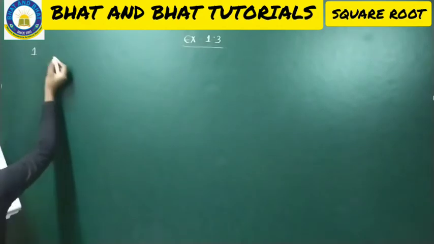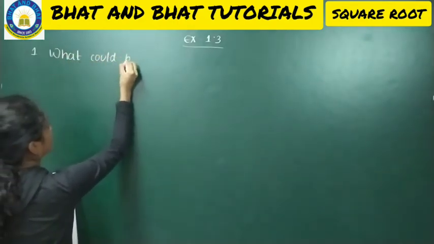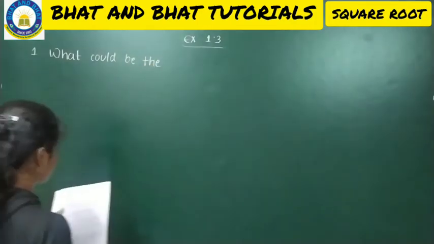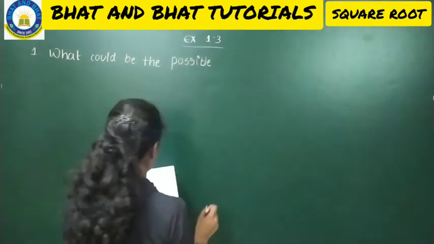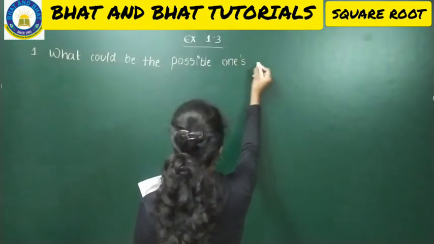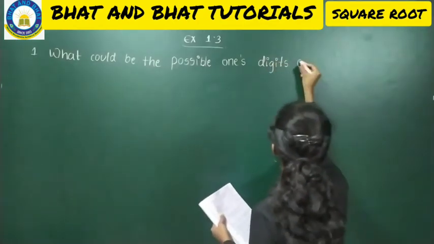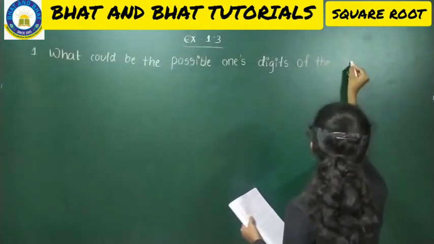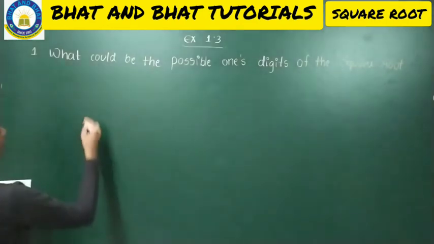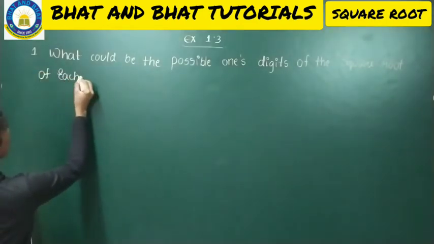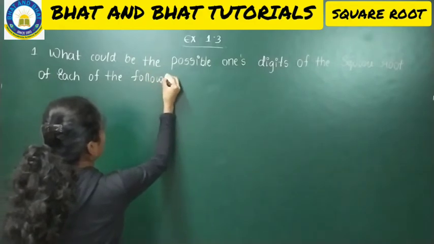Question number 1: What could be the possible ones digits of the square root of each of the following numbers?